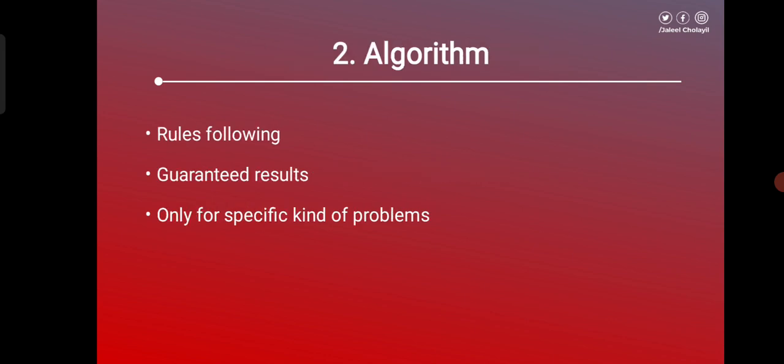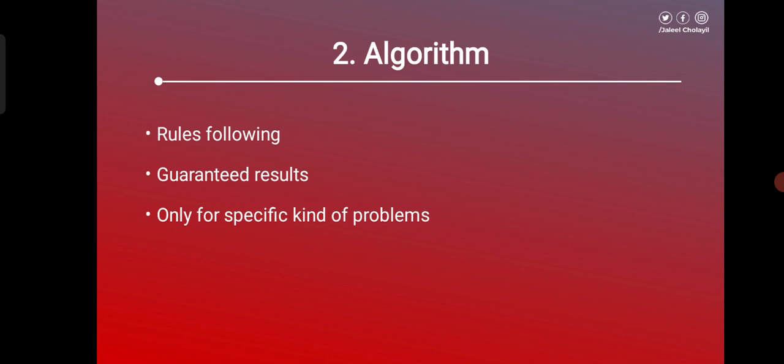Next we have the algorithm. The algorithm is simply rule following, and here we have a guaranteed result. In mathematics we see algorithms, and you may be familiar with the term algorithm when you make videos on YouTube or post on Instagram.